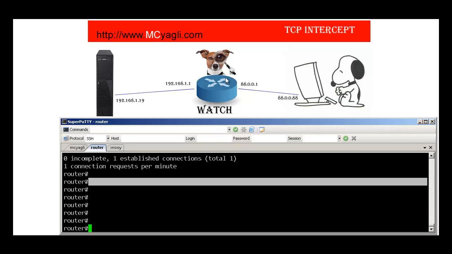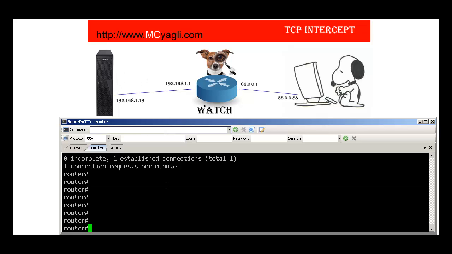If there is a problem, it will send a reset message to the server. Like I said, the router monitors incomplete TCP connections. It will close them if they are not completed after a certain period of time, which is by default 30 seconds. I mean the watch timeout.